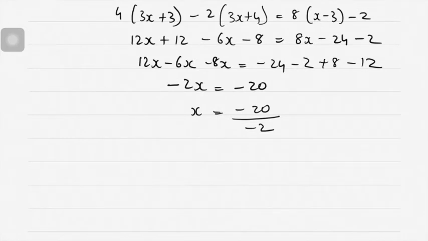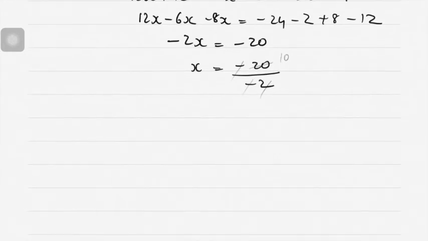Now minus minus will cancel. 2 1s are 2, 2 2s are 10. That means, oh, I'm so sorry. The total doesn't come to minus 20, it comes to minus 30. So this comes to minus 30.